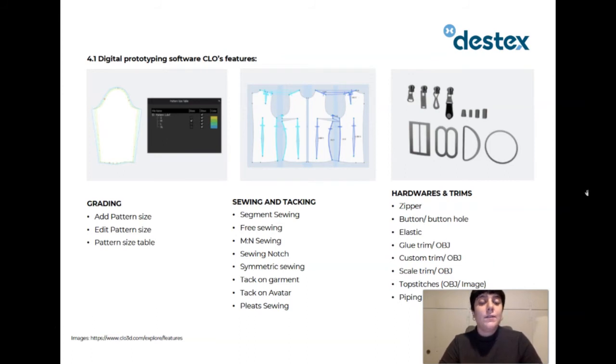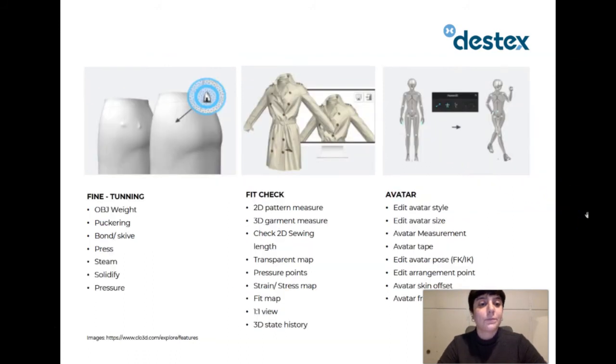Grading is a very important feature that every pattern needs, since the size is not one. Here in the software, the user can change the size of the pattern with one click. He can also sew and tack the patterns together by choosing the different methods provided by the software, and through a large variety of hardware and trims, he can add the different parts to complete his garment.